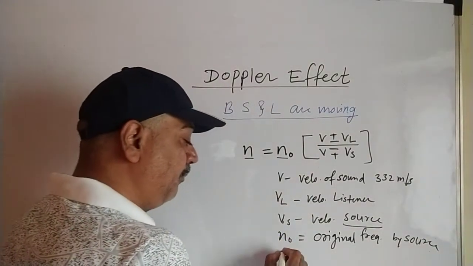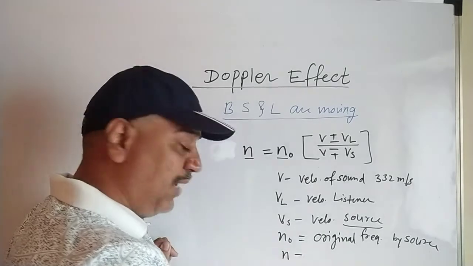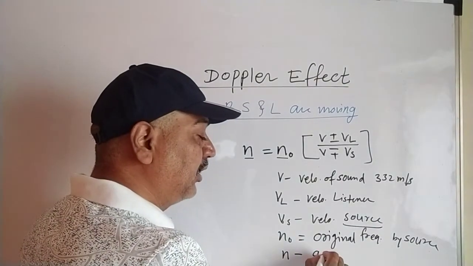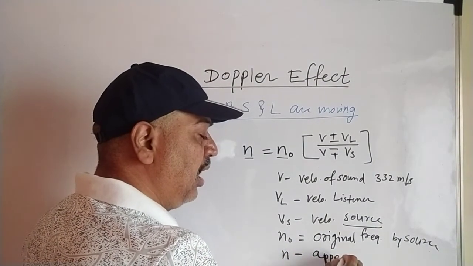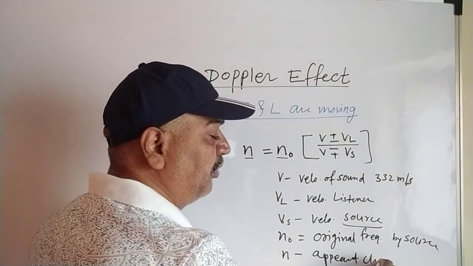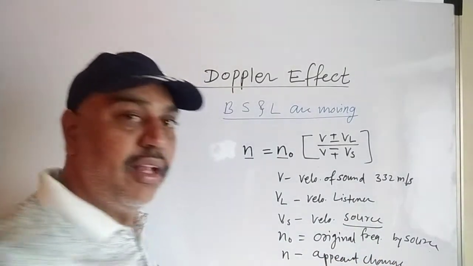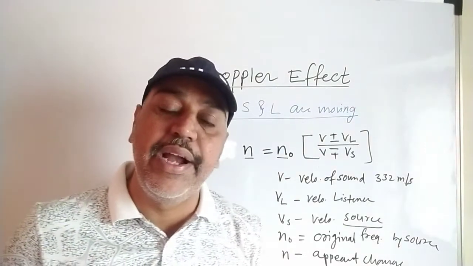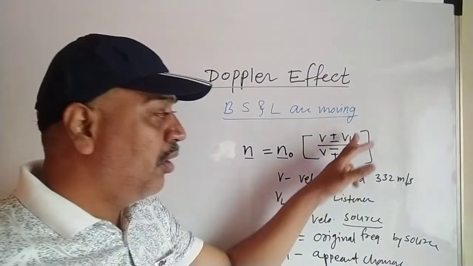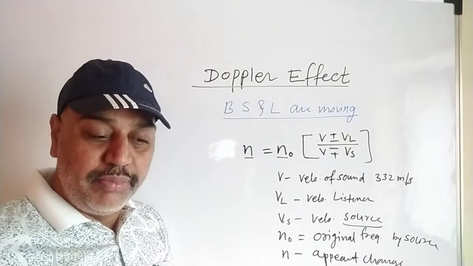What is N? Small n is said to be the apparent change in frequency heard by the listener because of relative motion of source and listener or both of them.